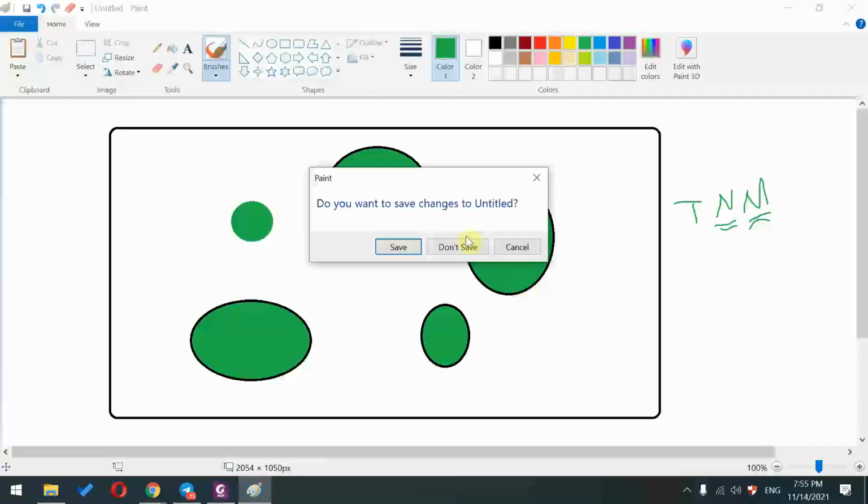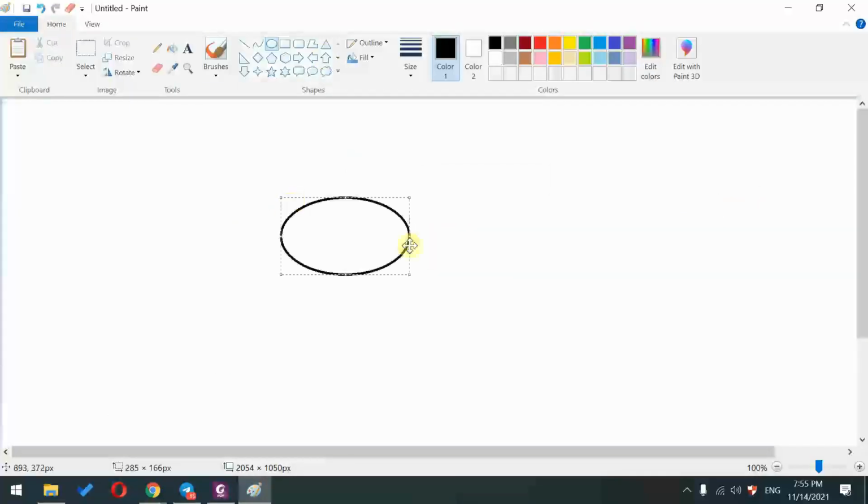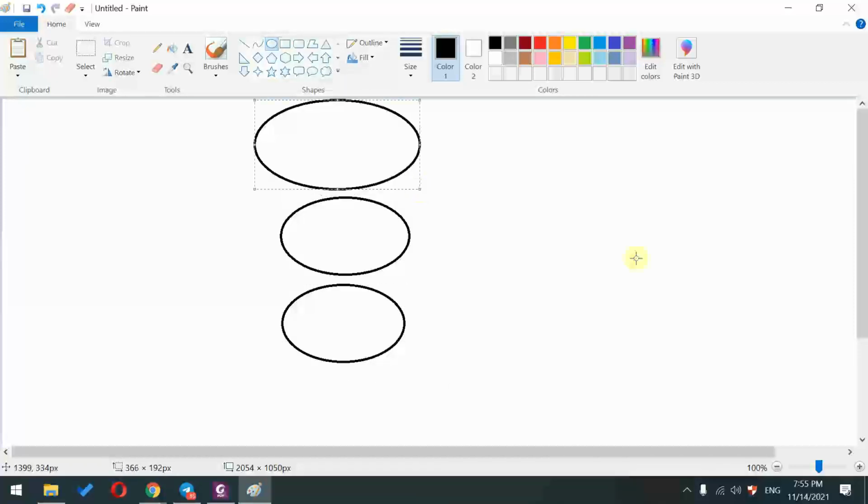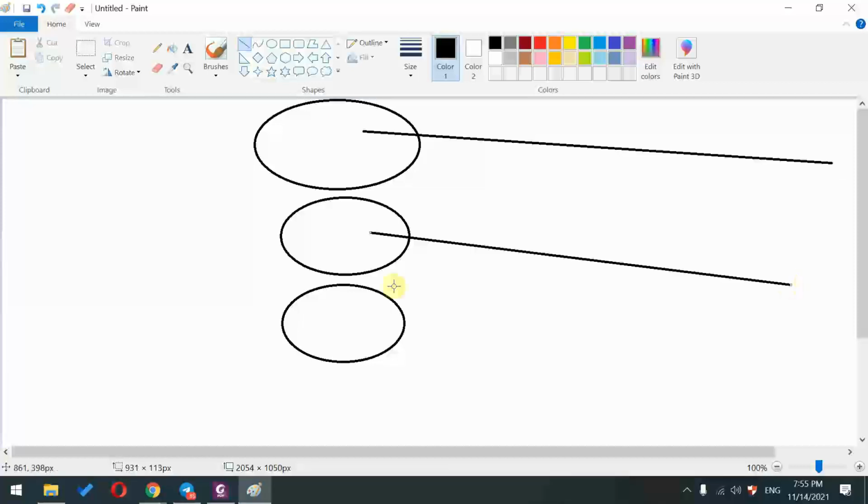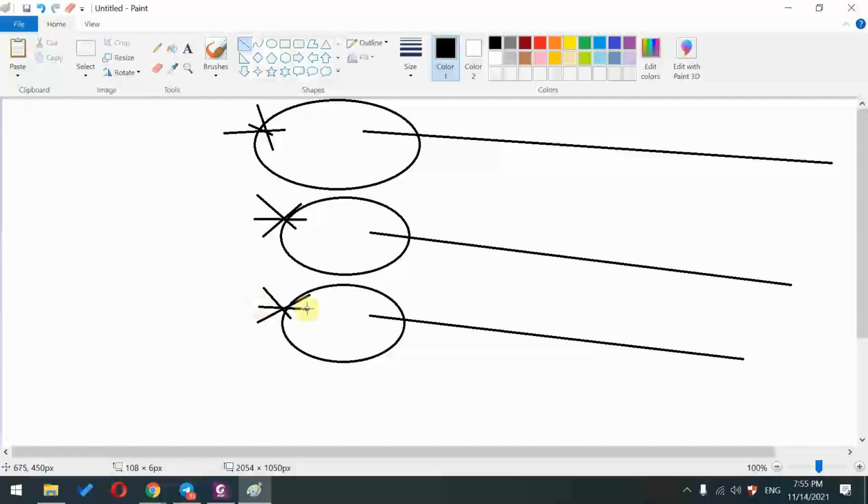If you have neuronal cell bodies, and they have axons here, you can see the axons. Of course, from the other side, there are dendrites.